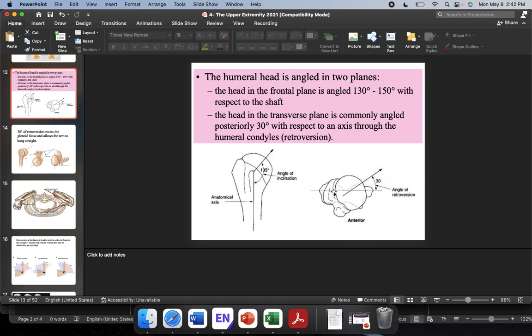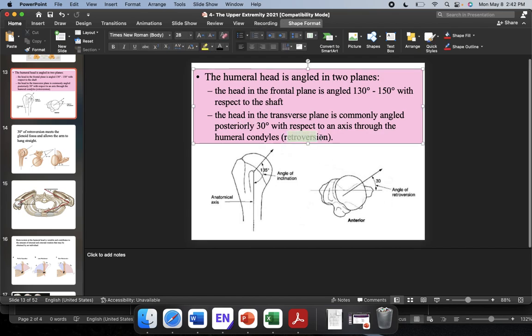Here is the angle of the medial and lateral epicondyles cutting through the bone lengthwise, and then you'll see that this humeral head is rotated about 30 degrees off of that plane. It's rotated posteriorly, and so we call that retroversion. If it had been rotated towards the anterior, we would call that anteverted. But because it is rotated away, we call it retroverted.